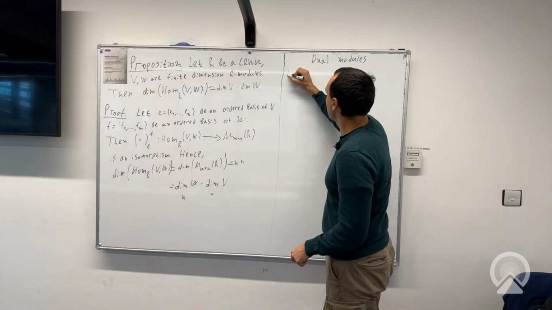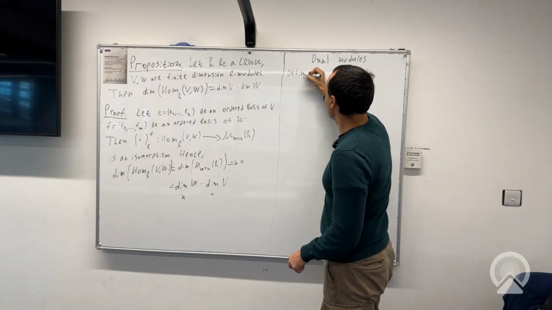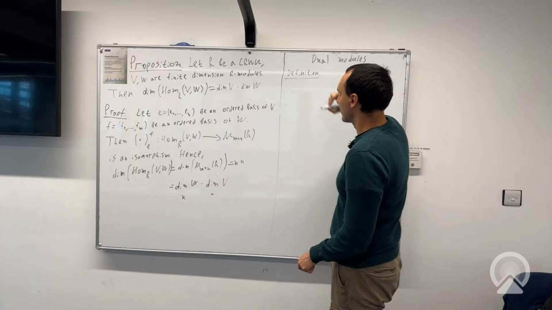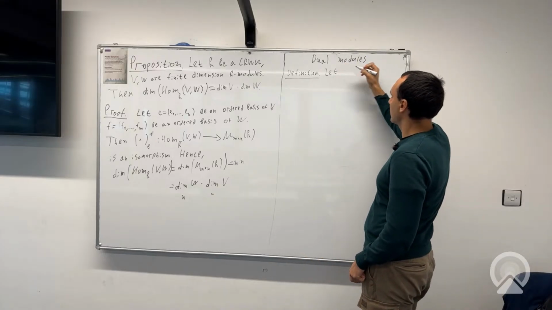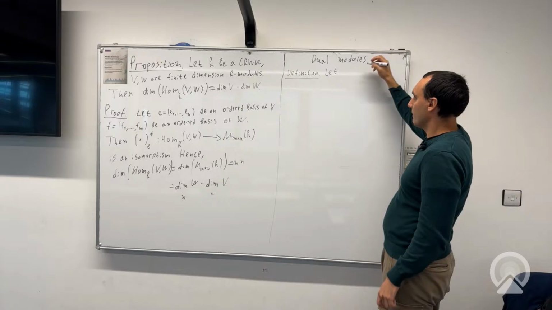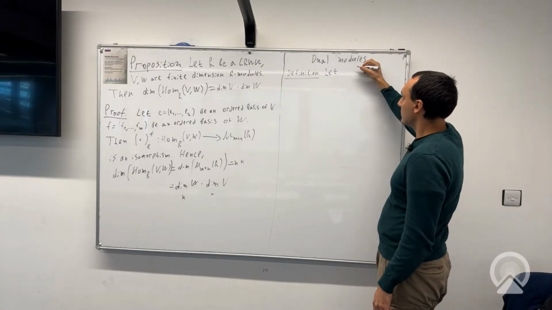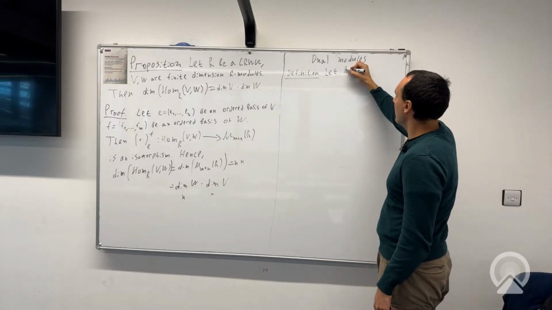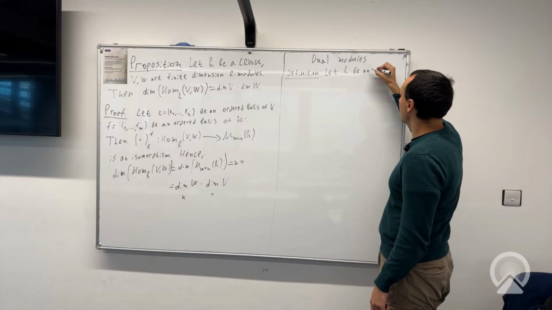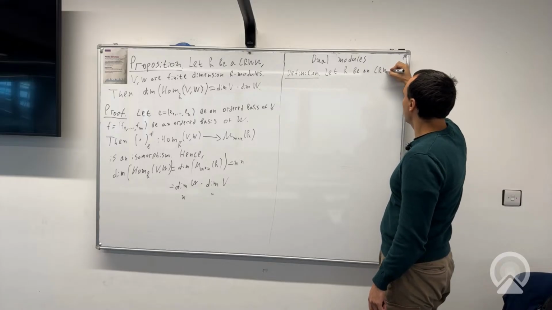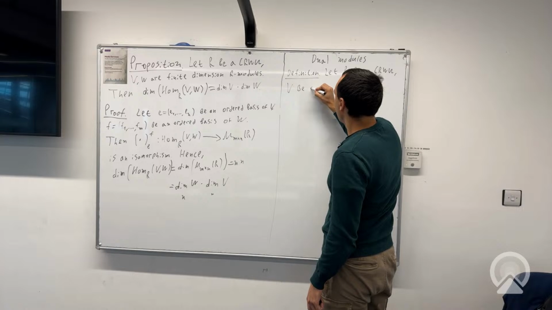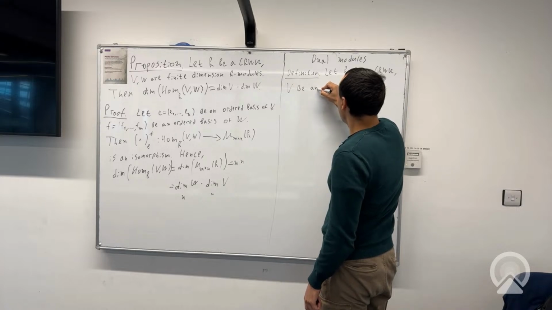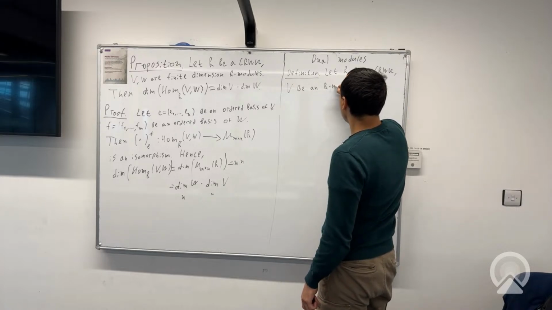Okay. So let's define them. Let R be a commutative ring with unity, and V be an R module.